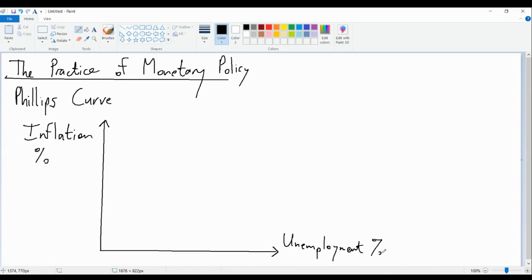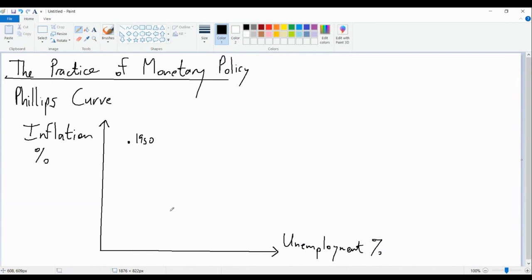So what's the Phillips curve? Professor Phillips, who's a New Zealander, decided, well, why don't we just look at the data for inflation and unemployment? This is a long time ago. So then he might say, okay, let's say in 1950, the unemployment rate was 3% and the inflation rate was 9. So let's plot 1950.